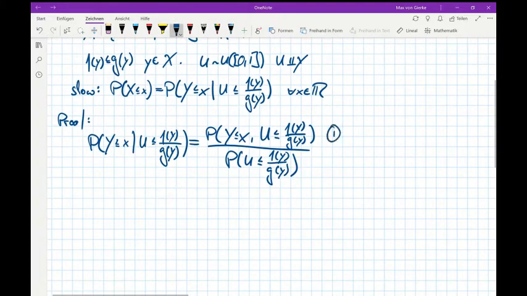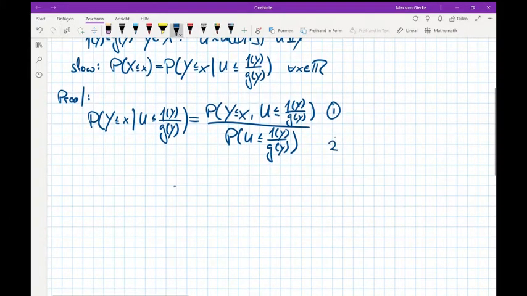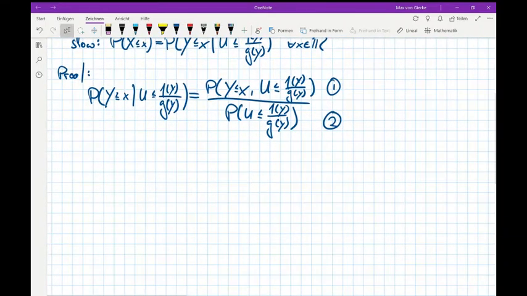So what do we do now? We just look at the two probabilities on their own, starting with number one. We know that Y and U are independent, so their joint probability function factorizes.